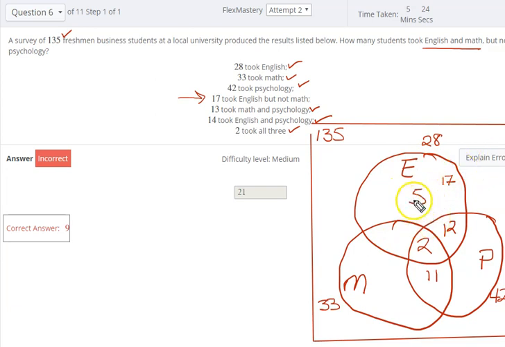And we have to figure out what goes in this spot all by itself. This is where the question mark is. So, and we got to take away this 17 now because we've used that 17 up. There's the 17 right there.